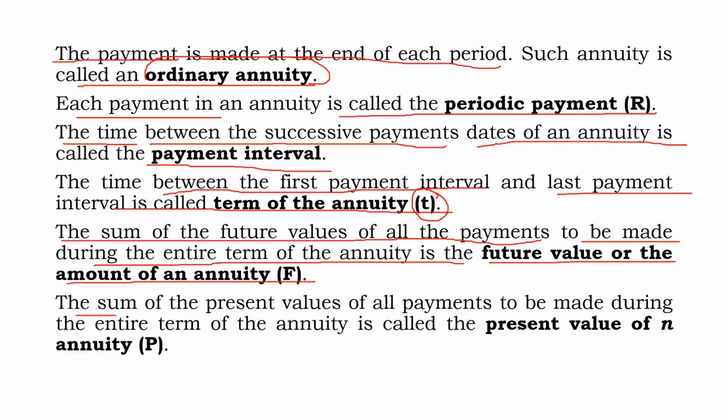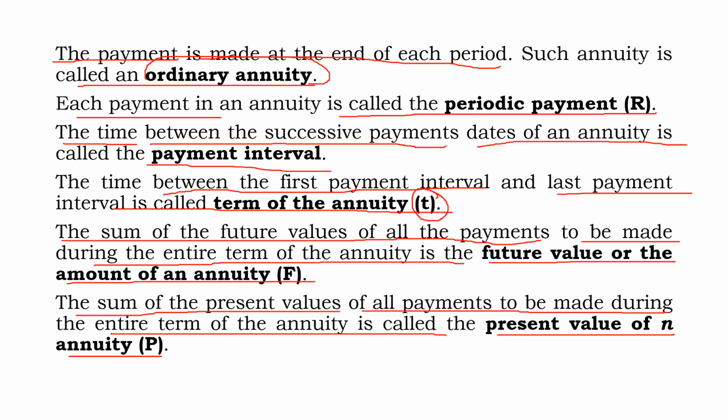Next, the sum of the present values of all payments to be made during the entire term of the annuity is called the present value of an annuity, which we can represent with a big letter P. When we say present value, these are the sum of the present values of all payments.